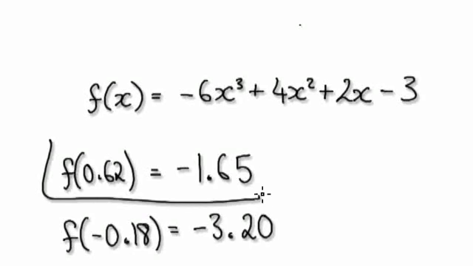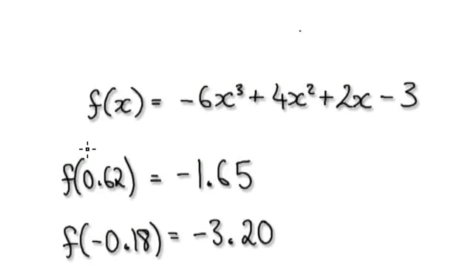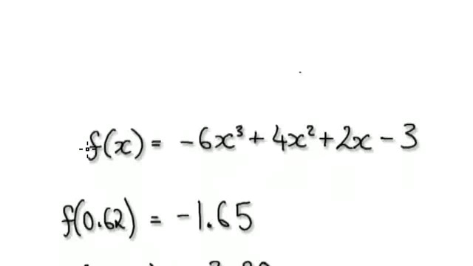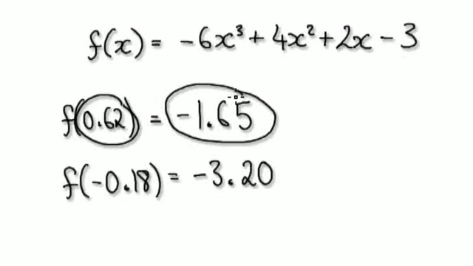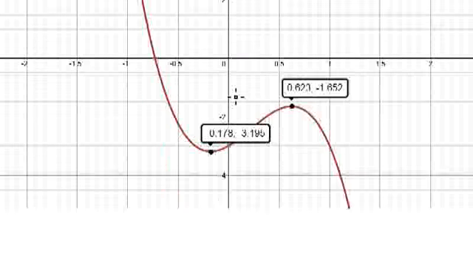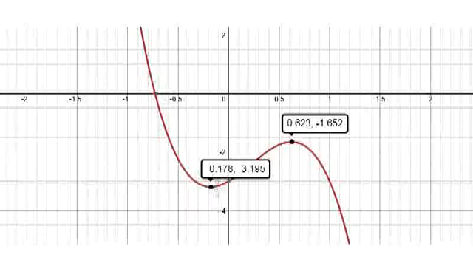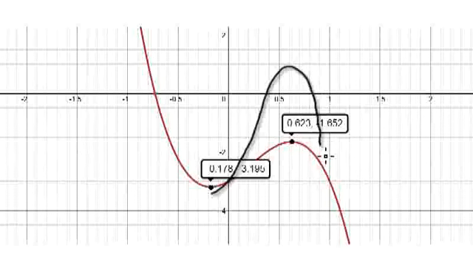Okay, so looking at this here, when we put this thing into the original function, it gave us a negative y value. So that means our guess, that it went over like this, was wrong. When we put 0.whatever in here, it gave us a minus value.